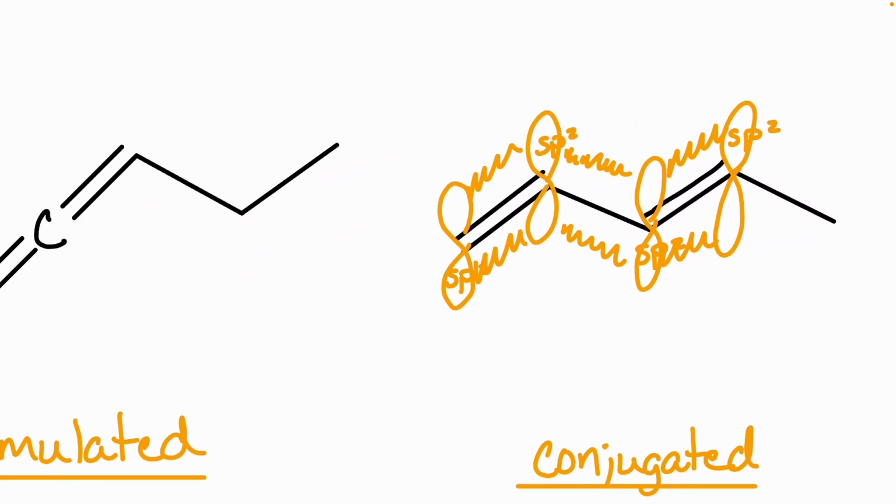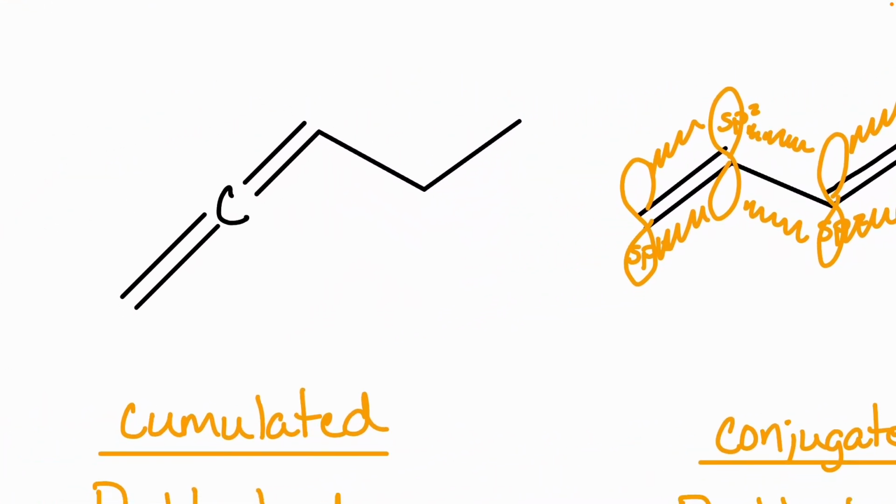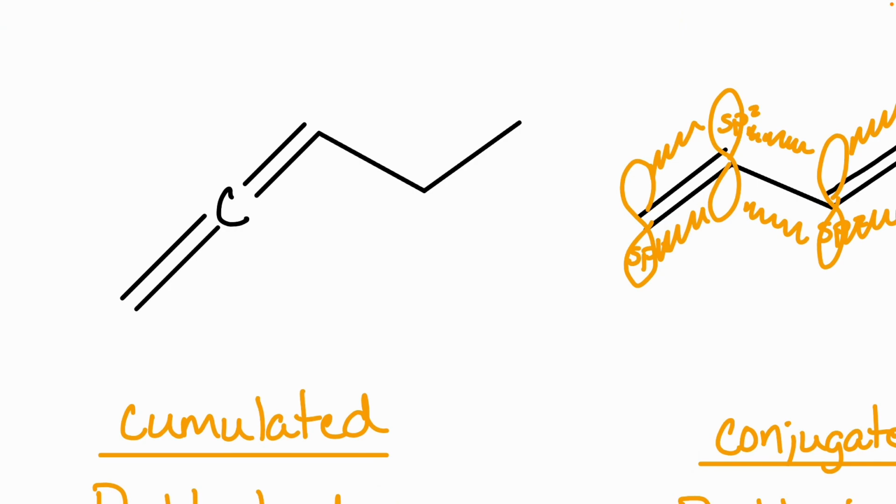So then the weirdest one is the cumulated. And it's very natural to say, man, these are sitting right next to each other. Can't they talk to one another? And the answer is actually no. Okay, and this is a little bit tricky to see. On the end, this carbon is sp2 hybridized, so it's got its pair of electrons.